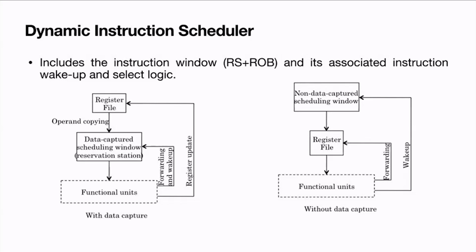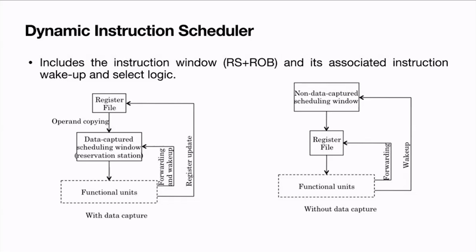Maybe you require only a 10-bit or 15-bit tag, which is very small compared to your actual operand. So the size of the reservation station will be very small in the without data capture model. But the penalty you pay is that register file access is in the critical path. So now the design trade-offs are there.